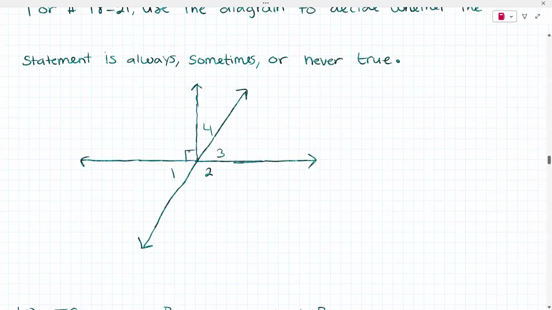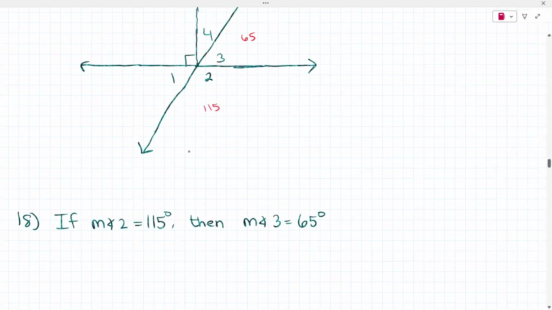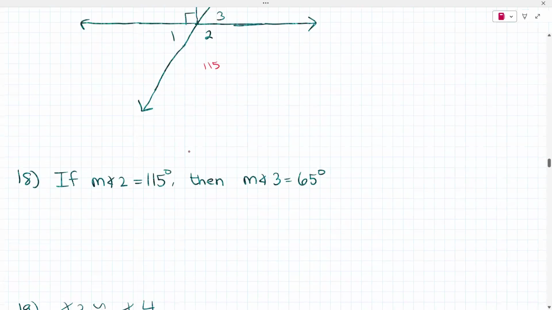So if angle 2 is 115 and angle 3 is 65, is that always going to be true? Angle 2 and angle 3 are a linear pair, meaning they form a straight line, or equal 180.